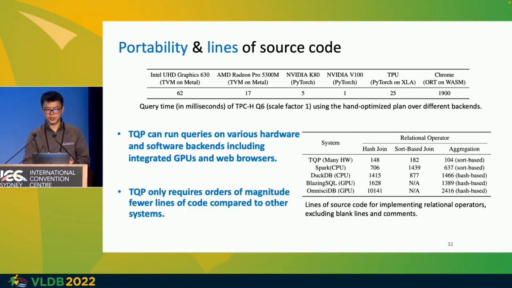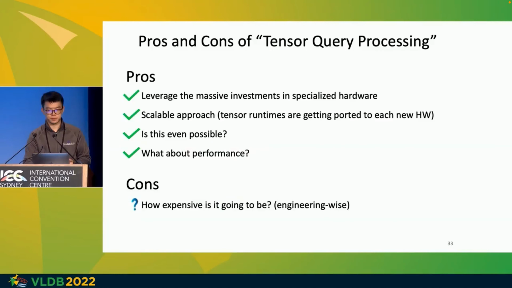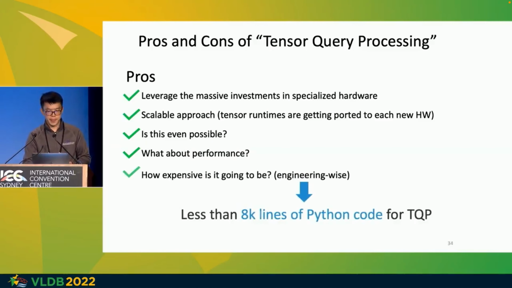And we achieve this with orders of magnitude fewer lines of code required compared to other systems that don't support all this various hardware. So the last open question is answered. TQP requires less than 8,000 lines of Python code.